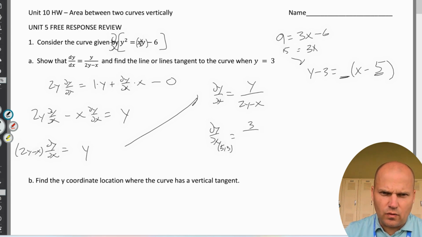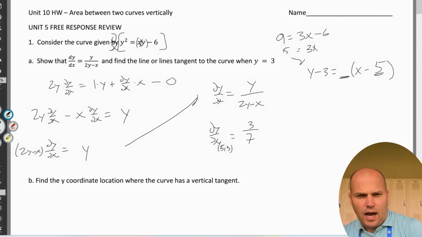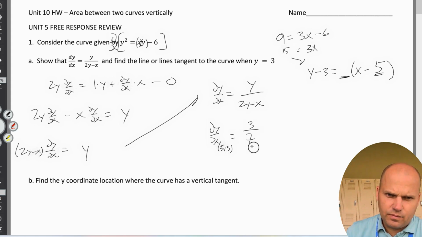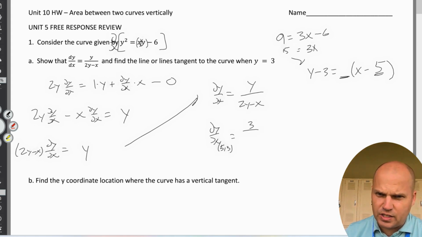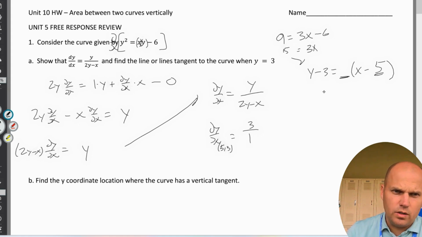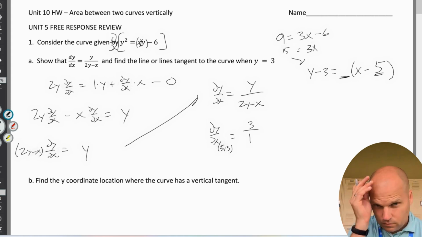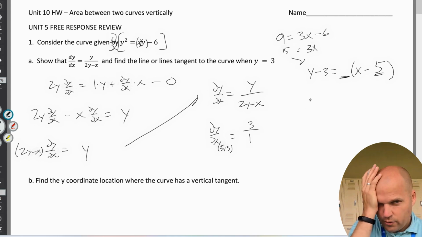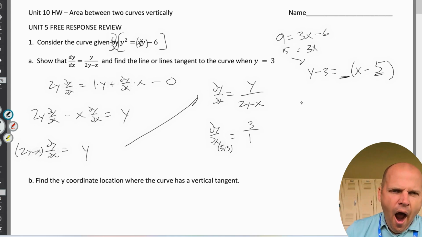It's going to be 3 over 10 minus 3, which is 7. I am not thinking straight. 3 over 6 minus 5, which is 1. So the slope is 3. So my equation is y minus 3 equals 3, which is the slope.